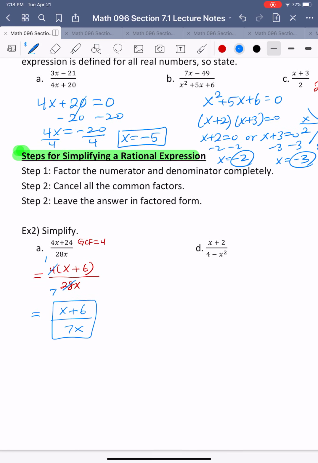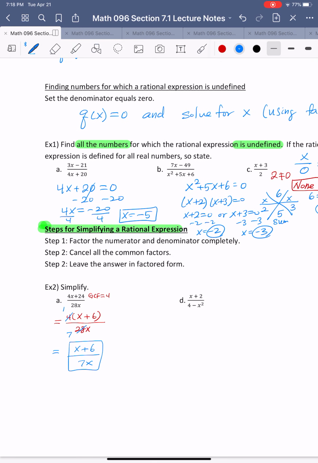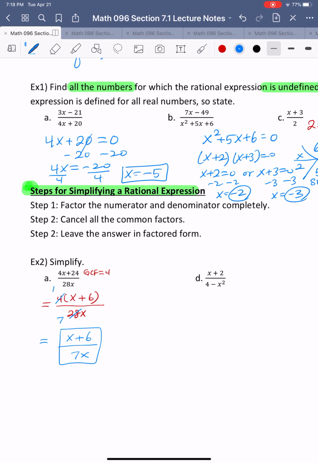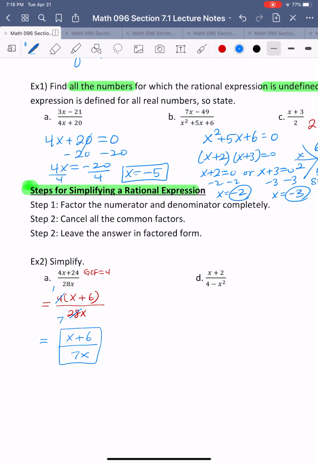And let's do part d first this time. All right, so the next problem has x plus 2, which is already in factored form. There's nothing you can do about this, so put the parentheses. Then for 4 minus x squared, I need to put it in descending power.